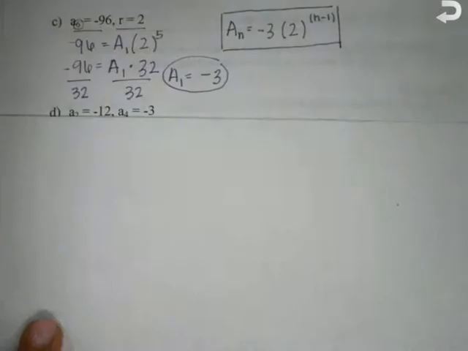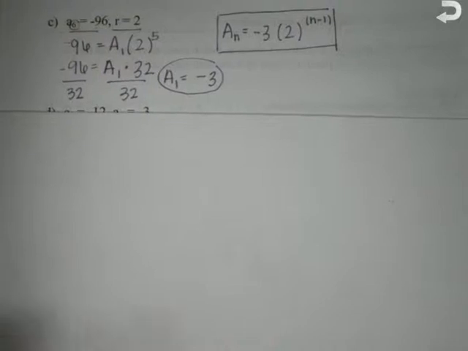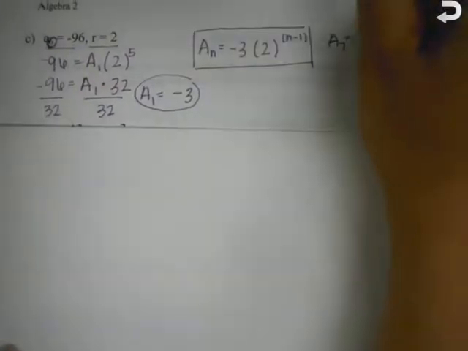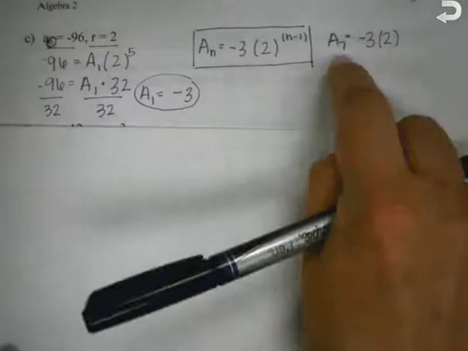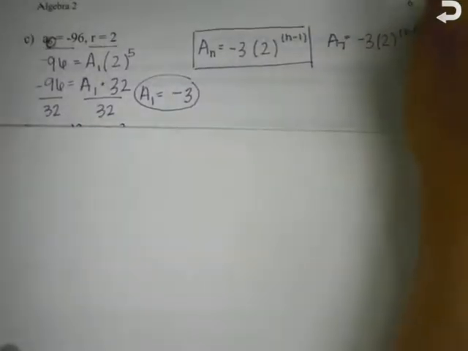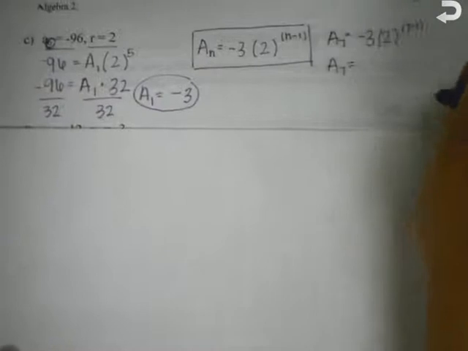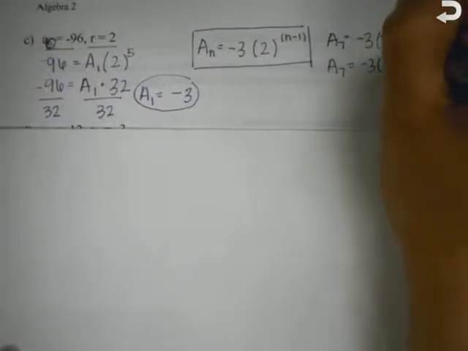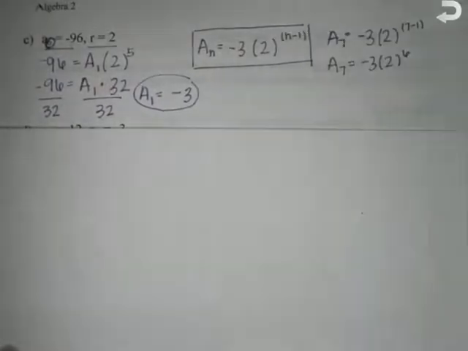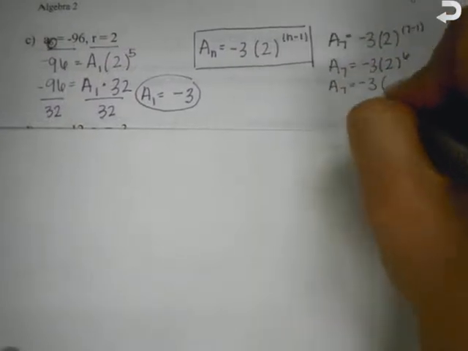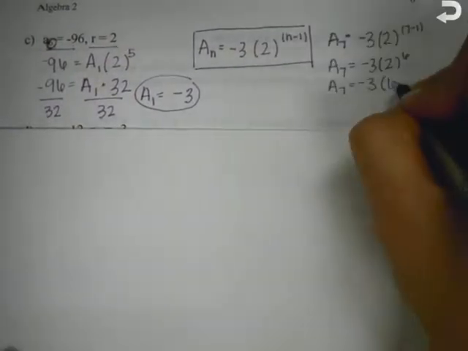Okay, so a sub 7 would be negative 3 times 2 to the 7 minus 1. I'm actually writing that step this time, which is a sub 7 equals negative 3 times 2 to the 6. 2 to the 6 is 64. So a sub 7 equals negative 3 times 64? Negative 192.